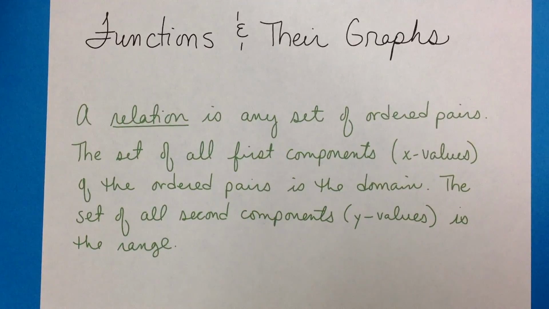But the first component of each of these ordered pairs, which we know as our x values or our x coordinates, if you remember, is what makes up your domain, and the set of all second components, which is your y coordinate, is what's referred to as your range. So your x's make up your domain and your y's make up your range. That'll be an important part of this definition that you would need to remember.